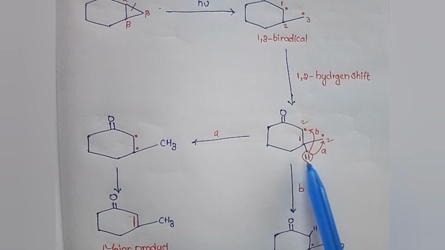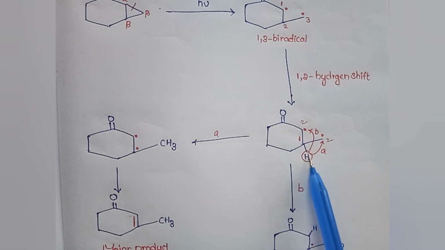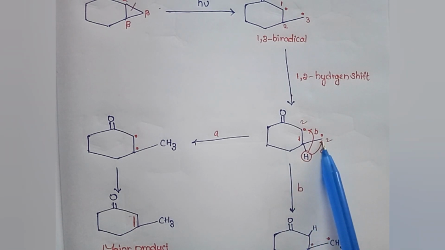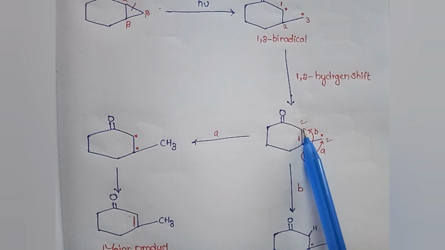There is a hydrogen atom present here on this carbon atom. See, the carbon atom which is not having the radical will have the hydrogen atom. This hydrogen atom can shift to this radical. This is route A. Or this hydrogen atom can shift to this radical.